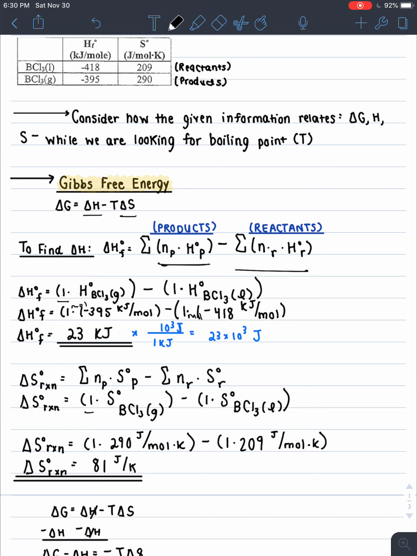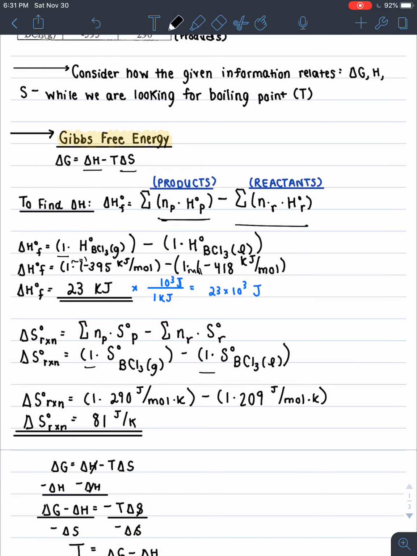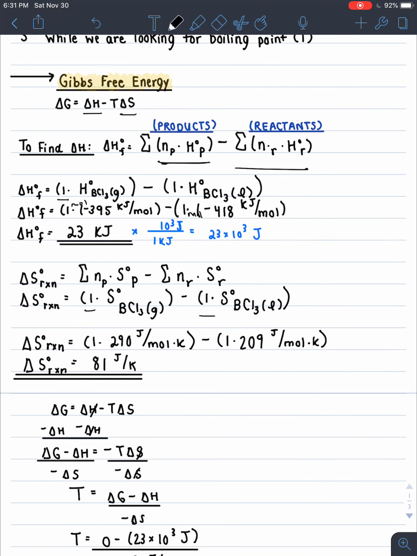Again, we see that there's a 1-to-1 molar ratio, so we have 1 mole of product times the entropy of product, which is 290 joules per mole times Kelvin, minus 1 mole of reactant times 209 joules per mole times Kelvin, the entropy of reactant. This gives us a delta S, change in entropy, of 81 joules per Kelvin.